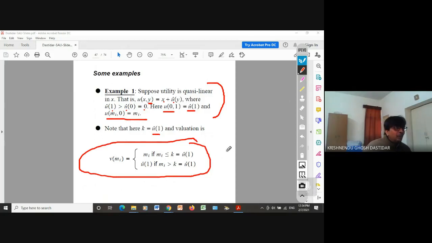See, I just want to dwell on this. I started by saying that the canonical model is based on quasi-linear utility with high enough incomes. So look at this case, when incomes are high enough, when Mi is greater than K. What is valuation? U hat 1.